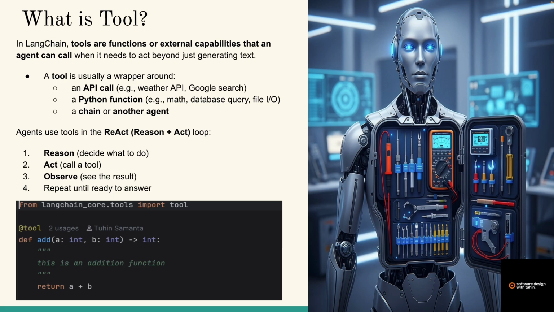For implementing a tool, we'll be using the LangChain library, and in LangChain there is a decorator available called tool. Let's consider we are adding a capability, a function called tool, that takes two input parameters, a and b, and adds them and produces another integer. Now, for agents to understand what the tool is intended to do, it is quite important to give a proper description of that particular function or tool.